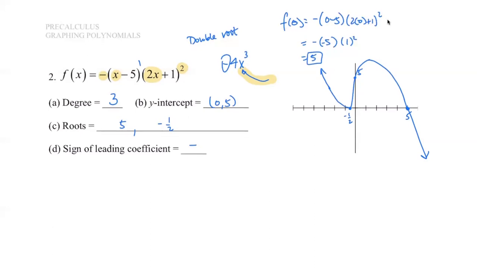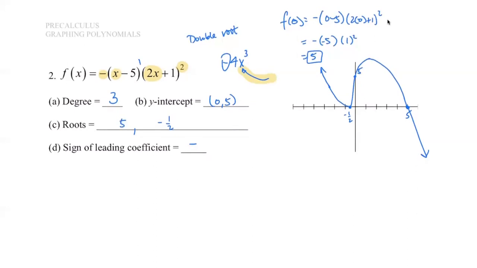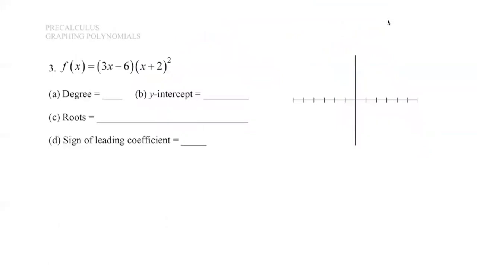When you plug in positive and negative numbers, they end up being quite the opposite. So that's for number 2. Again, make sure that you are aware of how the negative is going to influence the graph. You also know that when you have a multiplicity of 2, how are you going to take care of it? So let's go ahead and switch gears to our next question.